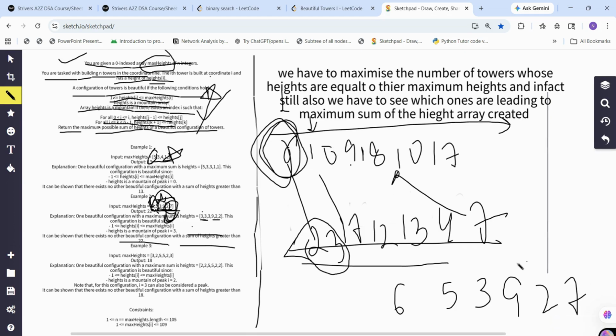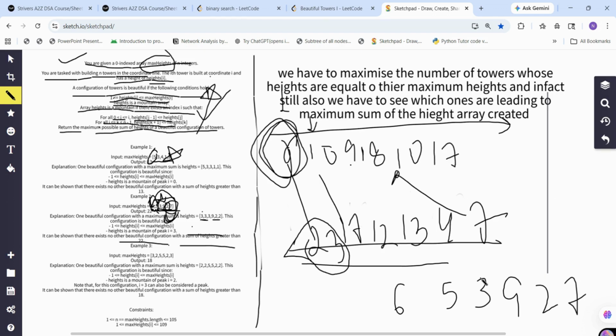But if I'm seeing from right to left, 7, but here it comes to be 4, because it wants to be starting from index I to n minus 1, decreasing in nature, and 4 is possible, and here 9 to 2, so the sum possible is equal to 13.